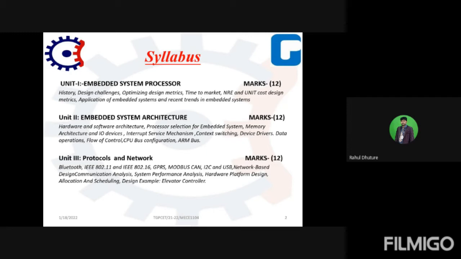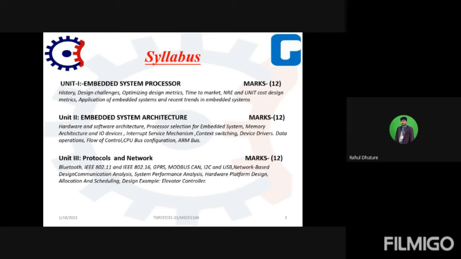Another thing is what memory is also used for an embedded system. And the second thing is the ARM bus, different types of buses which are required to configure the hardware and software. All these contents we have to study in unit number 2, embedded system architecture.